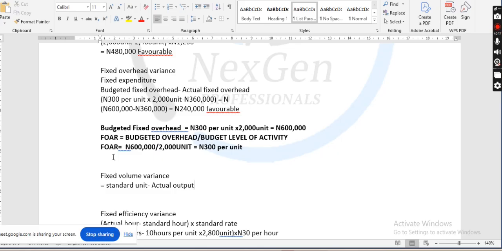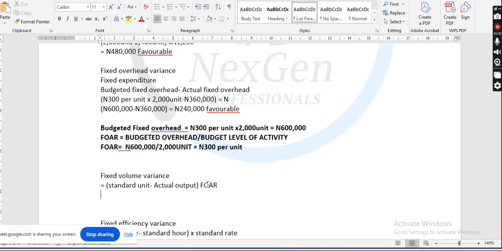Volume means units, right, times the fixed overhead absorption rate, which is OAR, right? And the OAR is based on what? It is based on the units, and that is what we arrive at, 300 naira per unit, right?